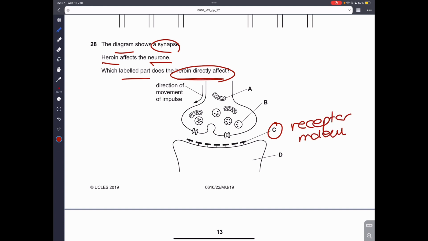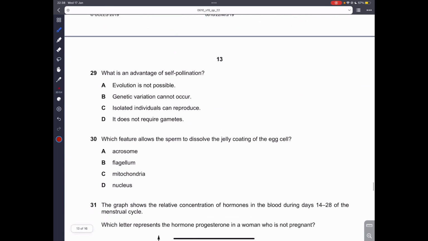What this drug heroin does in detail, briefly, is that these heroin molecules can bind to the receptor molecules of the neuron. So the message will not get passed along immediately. The message gets blocked. The neurotransmitters get blocked, and heroin is going to stay in there instead of the neurotransmitter, blocking the message, and therefore you feel good. So C is the correct answer.